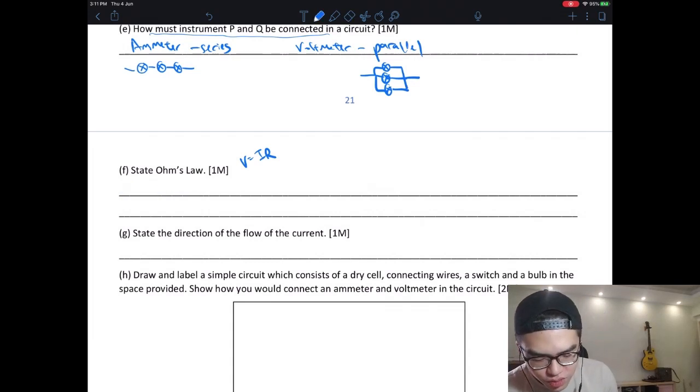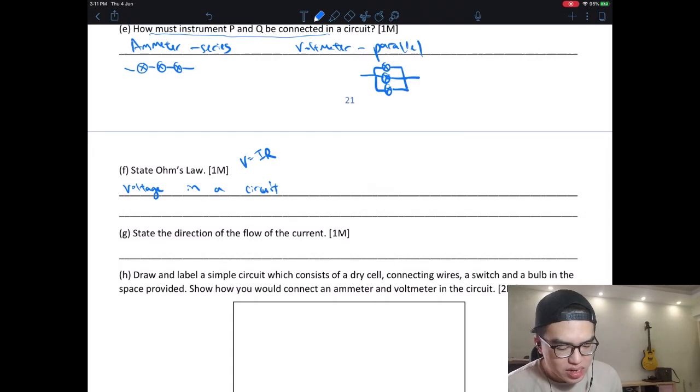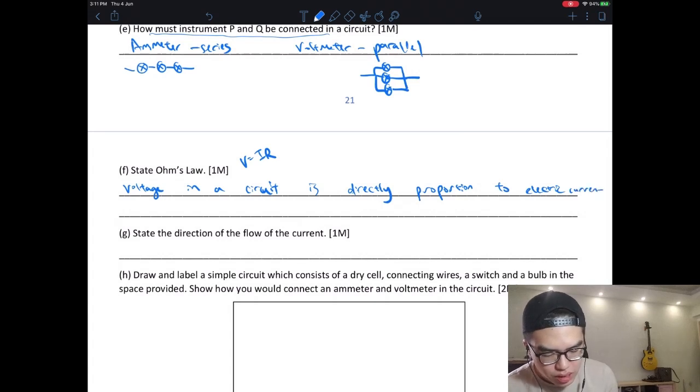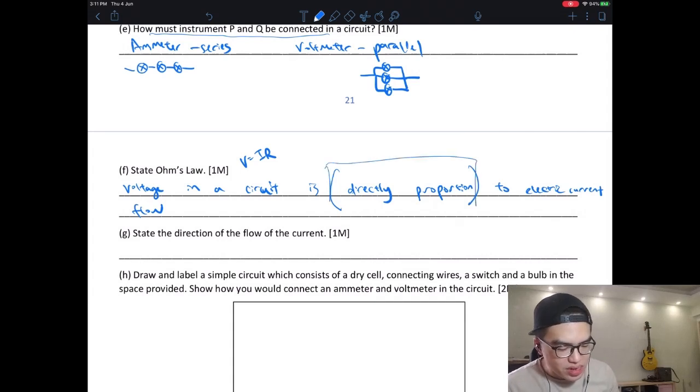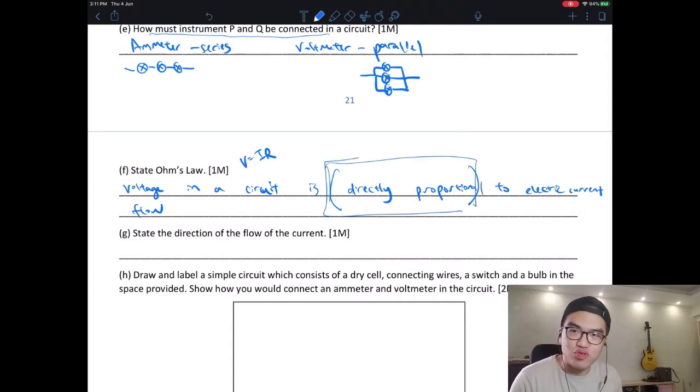So voltage in a circuit, you can just say voltage is directly proportional to electric current flow. So means V increase, I increase, voltage increase, current increase. That's the meaning of directly proportional. That's why I say memorize this word, proportional. This is the keyword of what you should answer.